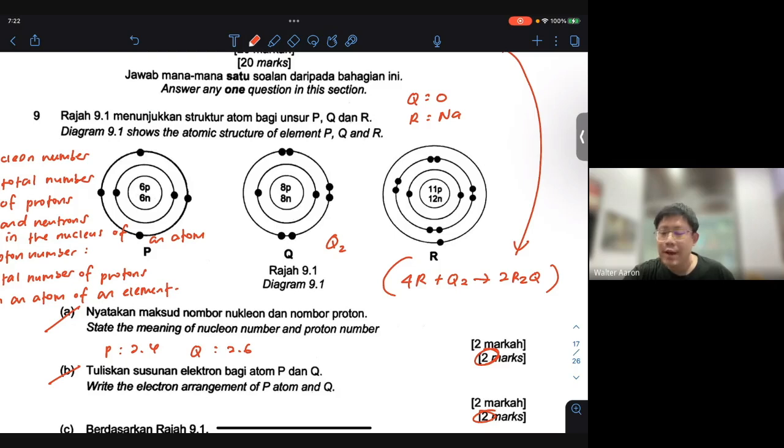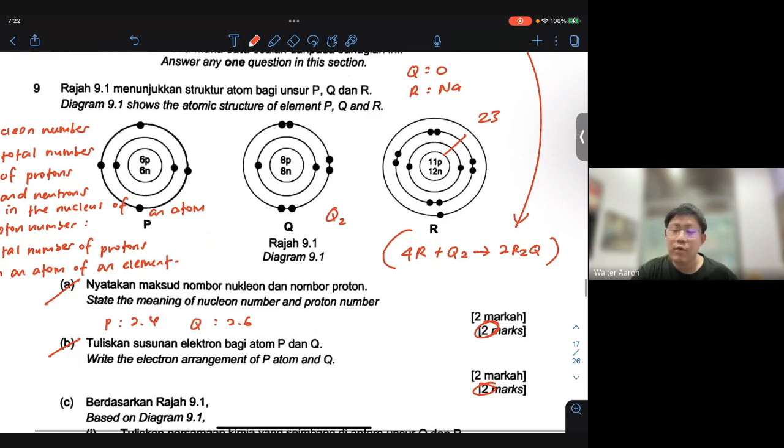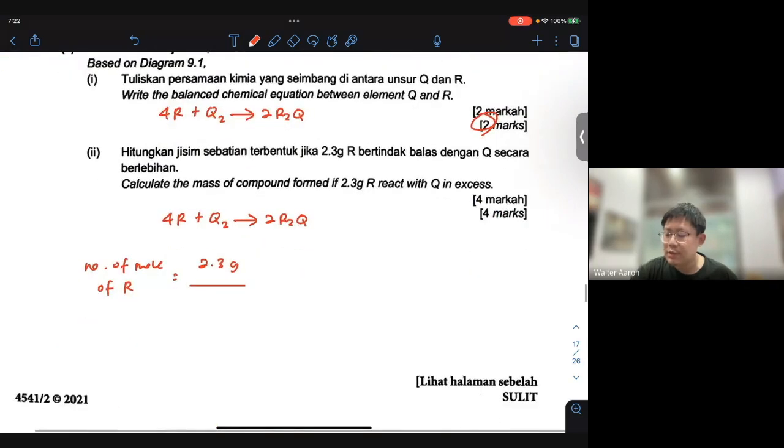If you add 11 protons and 12 neutrons, you should be able to get a total of 23 grams per mole as the molar mass. So this will be dividing by 23 grams per mole. 2.3 divided by 23, you'll get 0.1 mole.